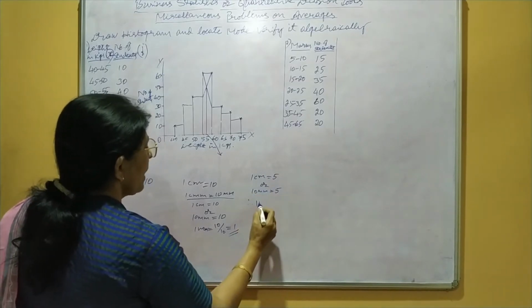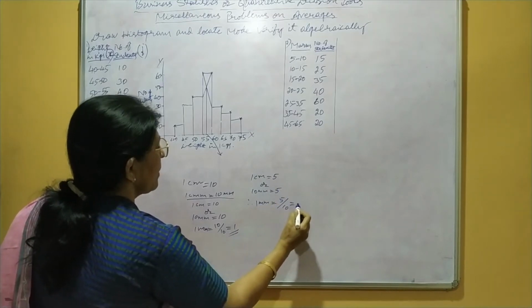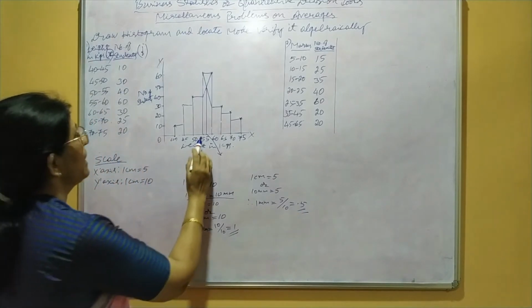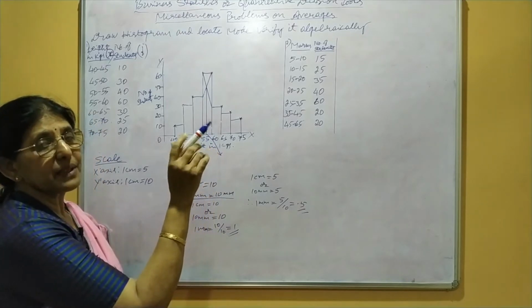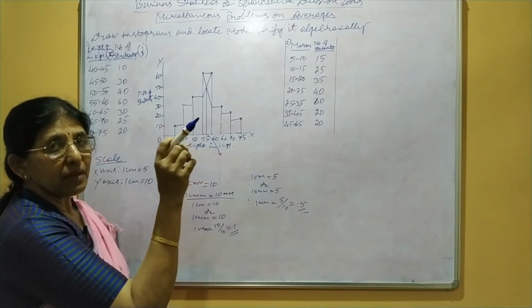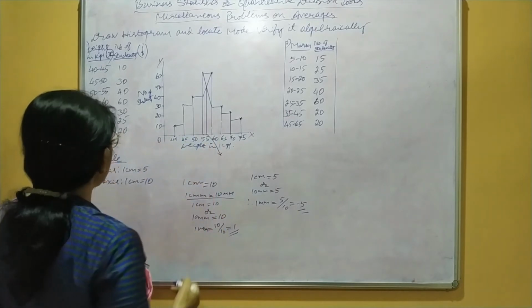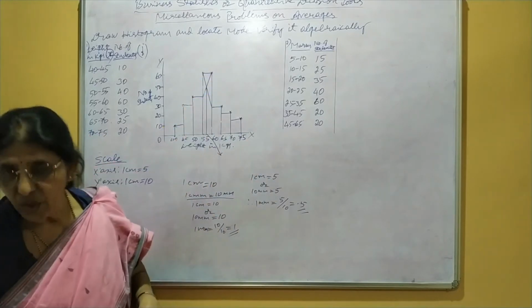Therefore 1 millimeter equals 5 divided by 10, that is 0.5. Each millimeter counts 0.5. Each small line on your graph sheet counts 1 millimeter. Anyhow it is given, verify it algebraically.